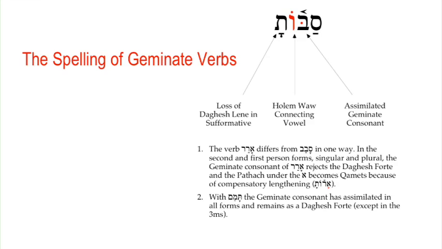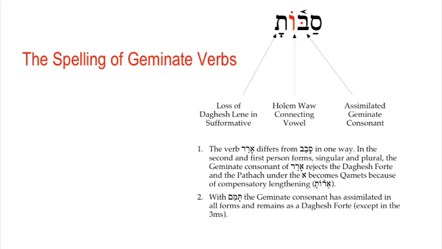Secondly, you'll see a holem waw connecting vowel that is placed between the verbal root and the perfect sufformative. This connecting vowel aids in pronunciation, but it also aids in identifying the geminate weak verb class. Other weak verbs do not add this holem waw connecting vowel. And so if you can see this holem waw connecting vowel and identify it as belonging to the geminate weak verb class, you can properly reconstruct the verbal root.